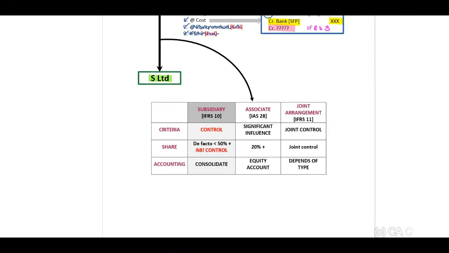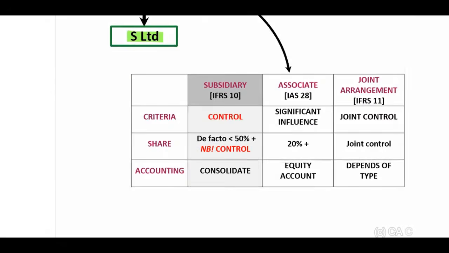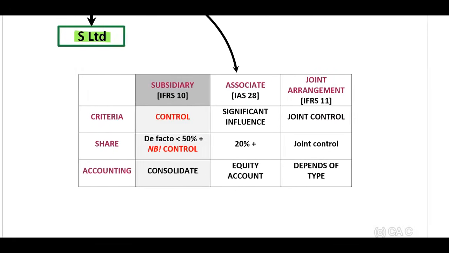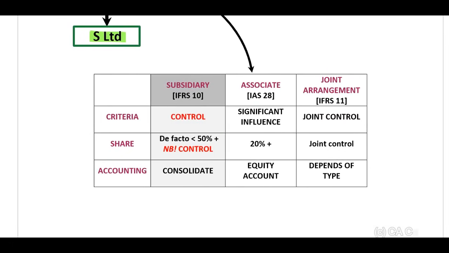When we look at groups, you need to be able to distinguish between the following 3 types of investments. An investment can either be a subsidiary, or an associate, or a joint arrangement. For a subsidiary to exist, we will have to prove that there is control.